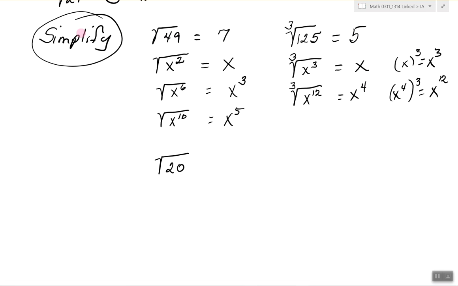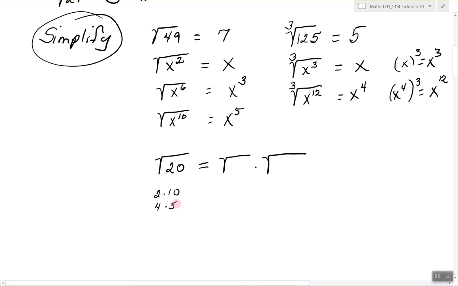I can't find a number that if I square it, I get back to 20. This is what it means to simplify a square root that's a non-perfect square. It means to factor it. Now there's several ways to factor 20. Certainly I don't want to use 1 times 20, but I could use either 2 times 10 or 4 times 5.